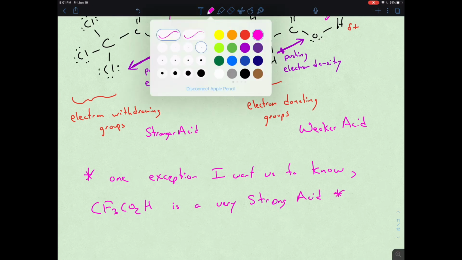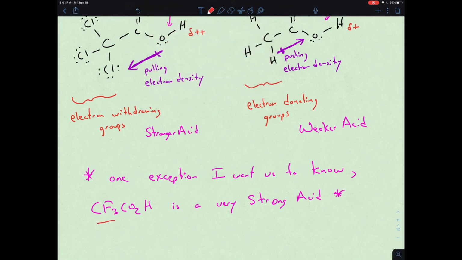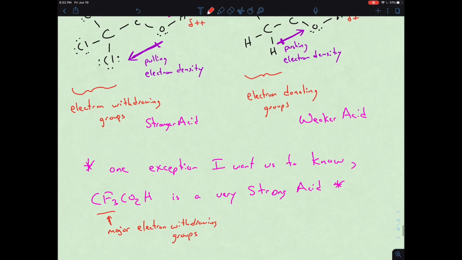And it's so strong because of the major electron withdrawing groups it has. So we have two exceptions: HF, which looks like an inorganic acid but is actually weak, and then trifluoroacetic acid, which looks like a weak acid but is actually a very strong acid. So those are just two exceptions I want us to know for the acid side of things.